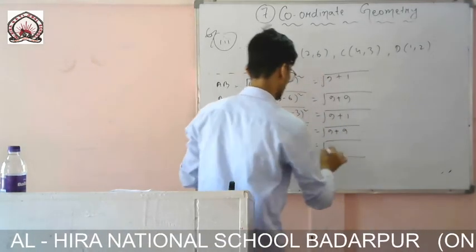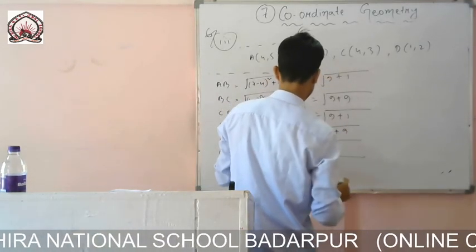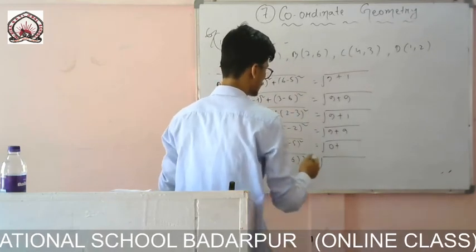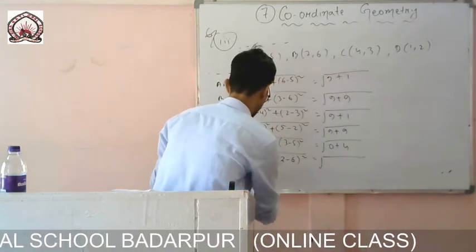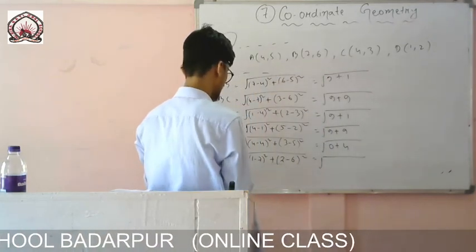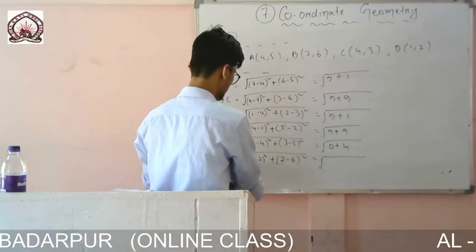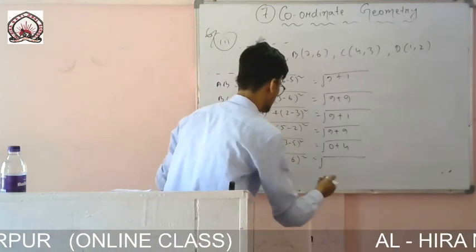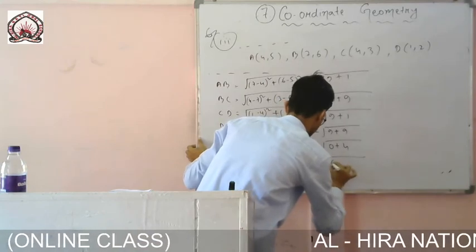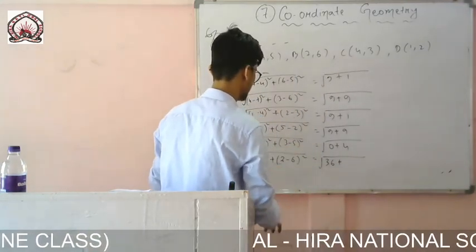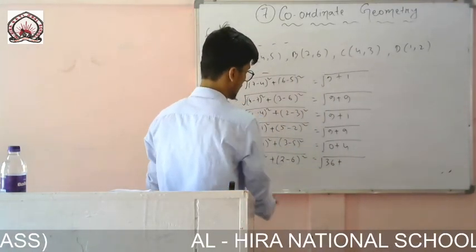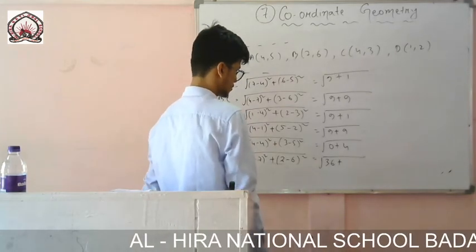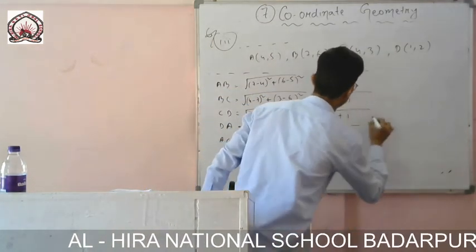Then 4 minus 4 is 0, 3 minus 5 is minus 2, 2 squared is 4. Then 1 minus 7 is minus 6, 6 squared is 36. Minus 6 plus 4 is minus 2, squared is 4.